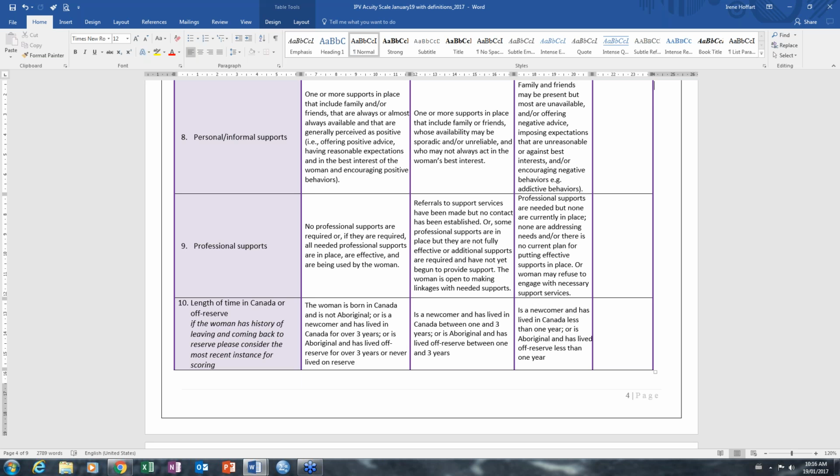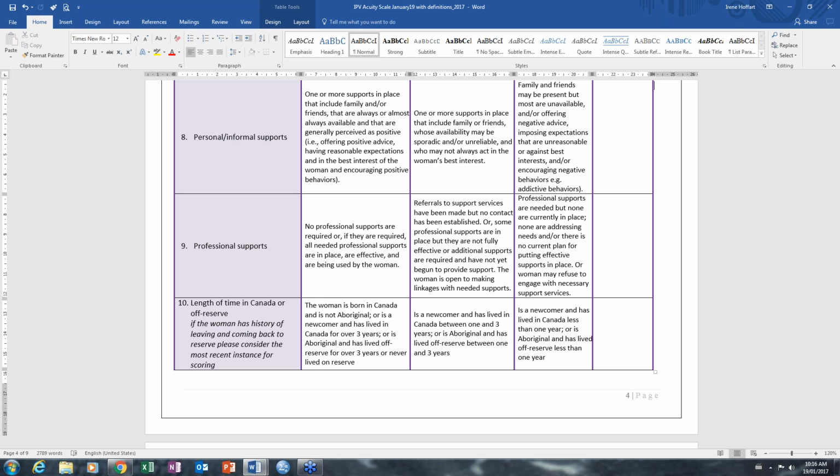Yeah, and so this is where the number 8 gets at personal and formal supports. Right. So we are going to give her a score of 5 right there. And then the number 10 just adds that little bit, because if she's only been off reserve for a short period of time, that score of 5 of personal and formal supports becomes even worse. Right.